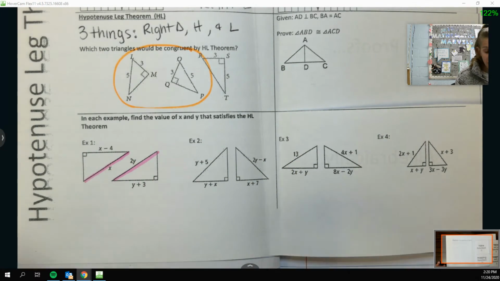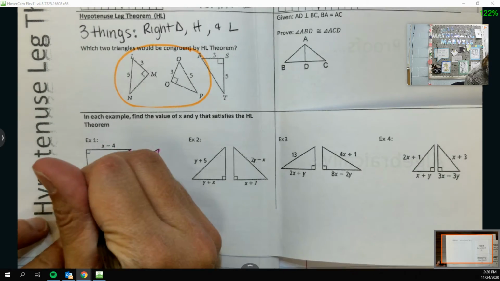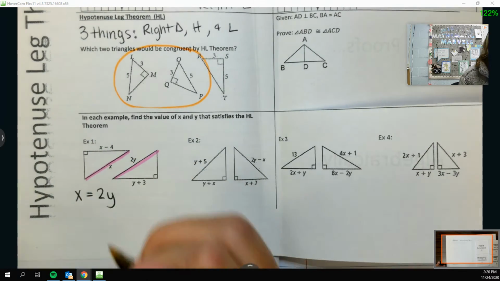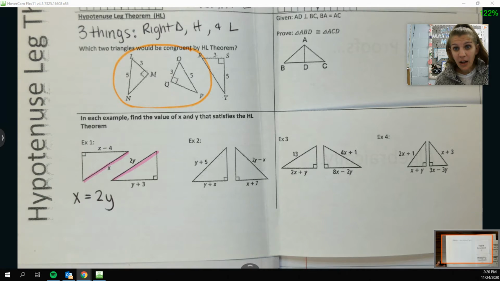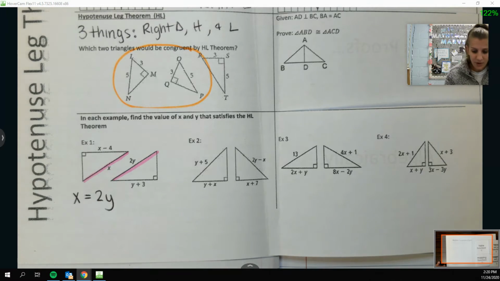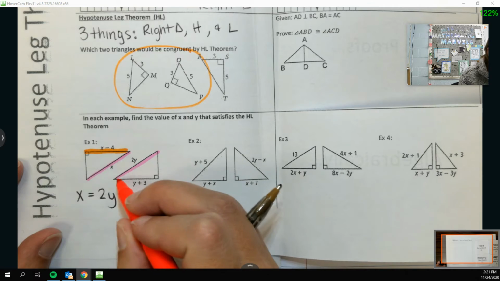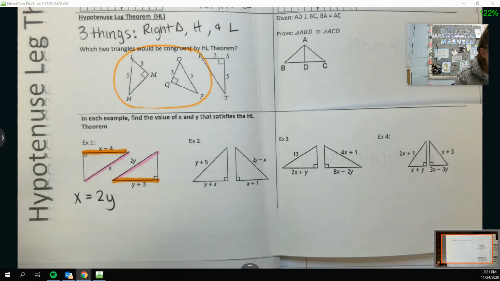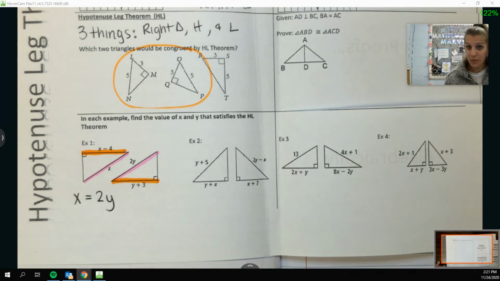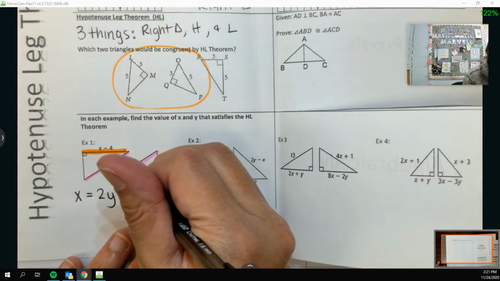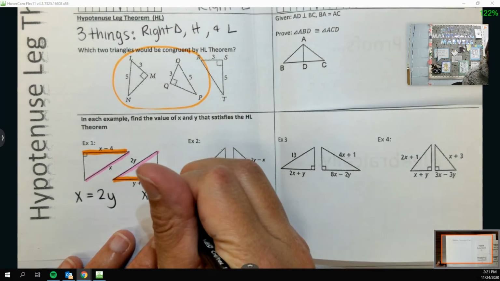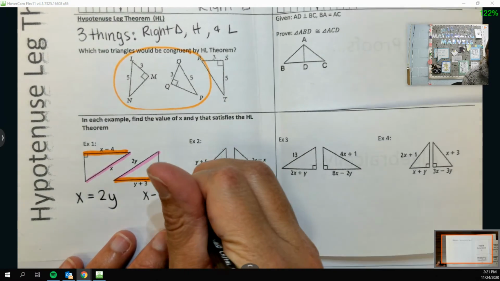So I can write the equation x equals 2y, which isn't super helpful because they have different letters. So maybe it'll be more helpful if I look at the legs. So this leg will be congruent to that one. Congruent means equal. So I can say that x minus 4 equals y plus 3.